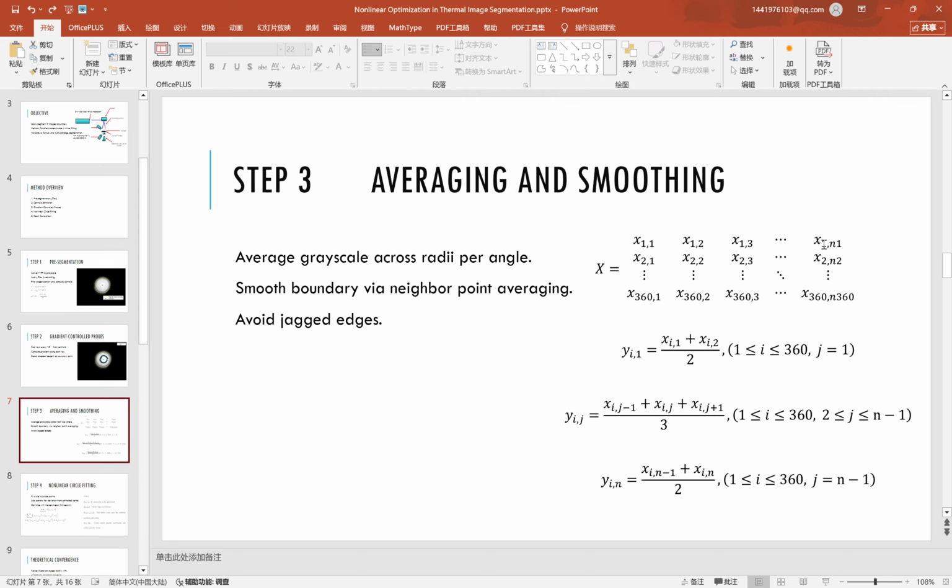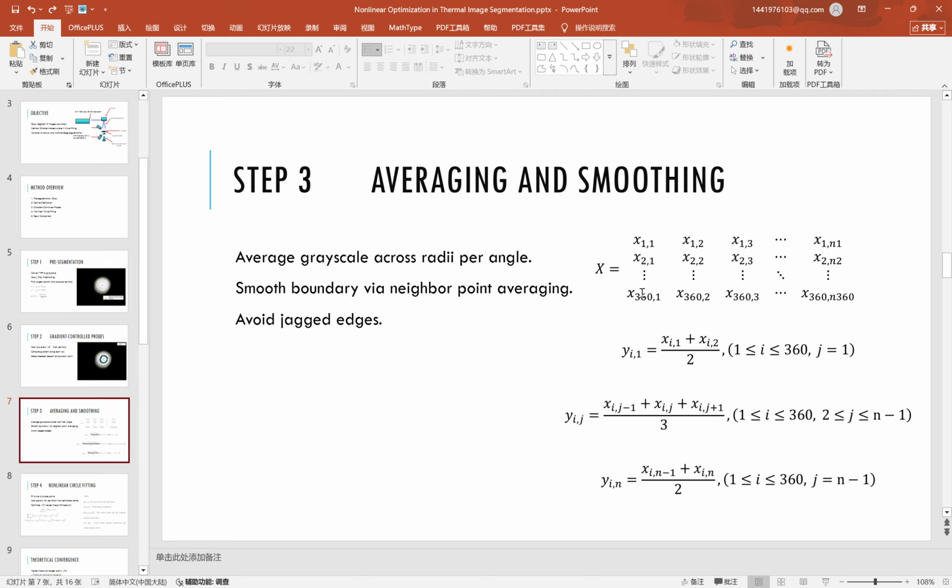We have a different radius at each angle, so n is not the same across different probes. From x1 to x360 means that we have probes at different angles. We detect all the radii.